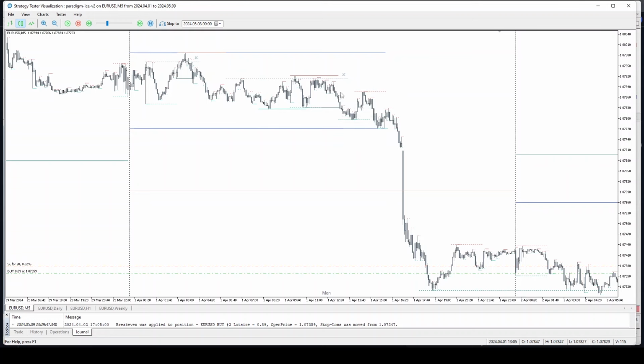So when there is a short setup and the bias is long, it is not going to take the short setup, it is going to gray it out, telling you that the bias is currently long. That means you shouldn't take the short setup, so that is why the EA did not take it.